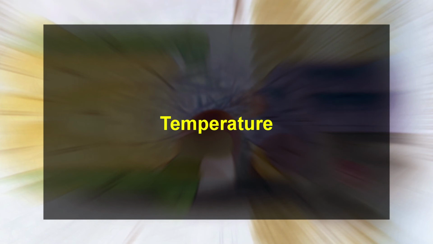Second is temperature. The rate of physiological processes is markedly influenced by temperature. Within the range of about 10 degrees to 30 degrees, an increase of 10 degrees, say from 15 to 25, usually causes the rate of metabolic processes to go up by a factor of 2 or more.